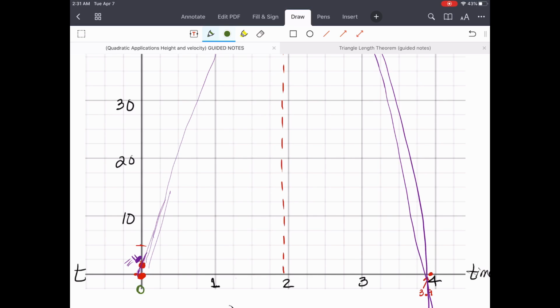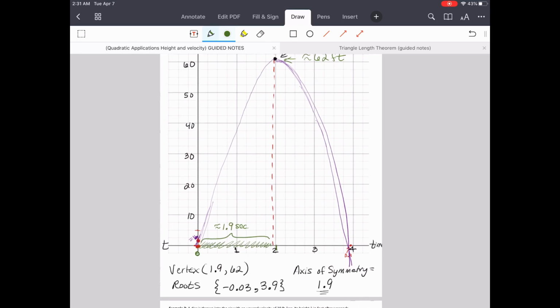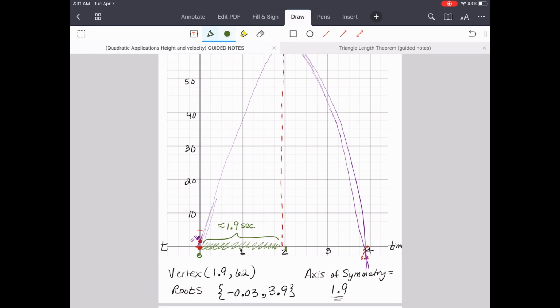So this being 0 seconds, and this right here is 2 seconds. The time is from here to the axis of symmetry. That's around, and I'm always saying approximately because we rounded this, 1.9 seconds to reach that apex height, that maximum height of the football.